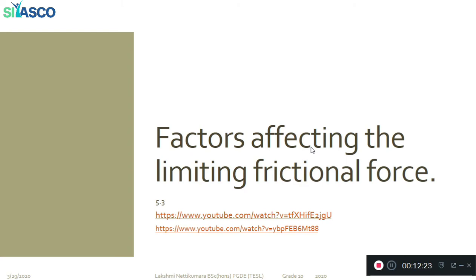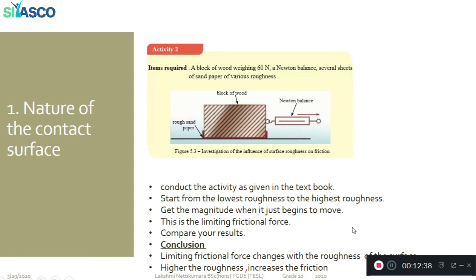Now it is time to see the factors affecting the limiting frictional force. It is better if you could watch these two small video clips to get an idea about it. It is clear that frictional force acts between objects that are in contact with one another.